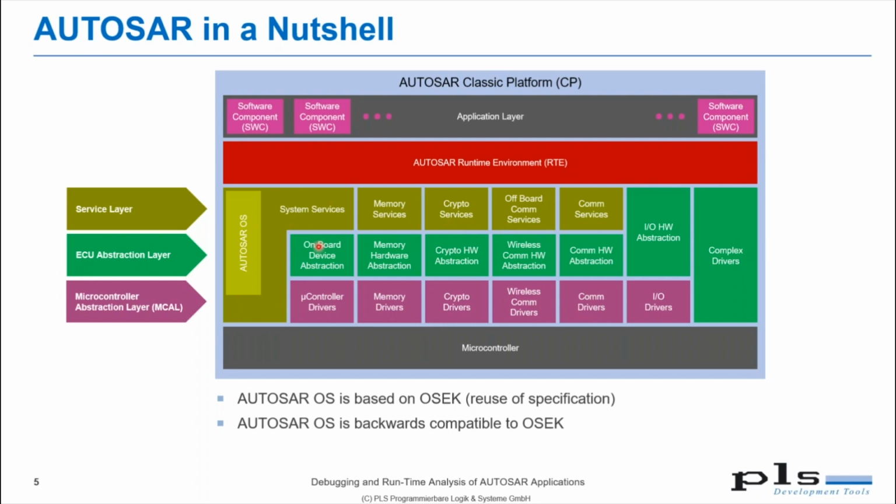And the principles of OSEK and also the concepts were incorporated in the specification of the AUTOSAR operating system and also extended. So there are new things here in the AUTOSAR operating system compared to the OSEK, but in general, the AUTOSAR OS is backward compatible to the OSEK OS.